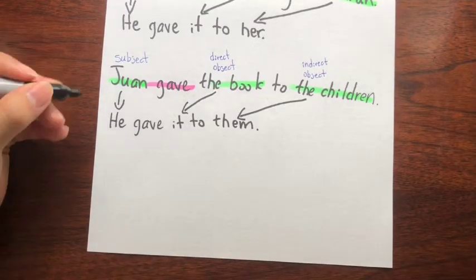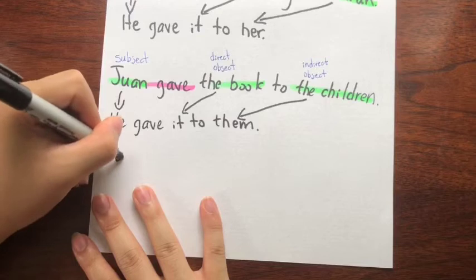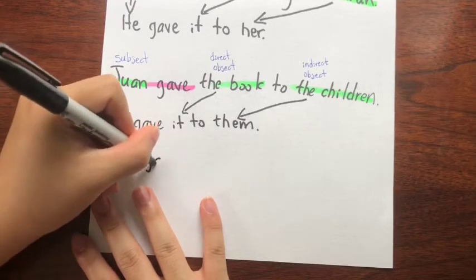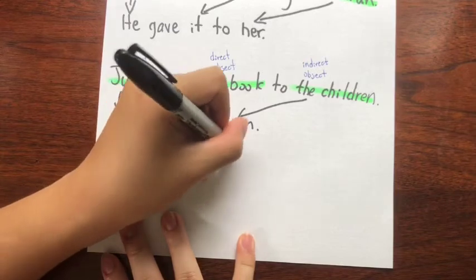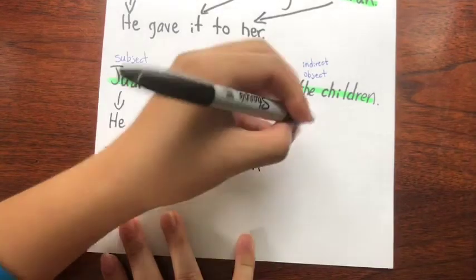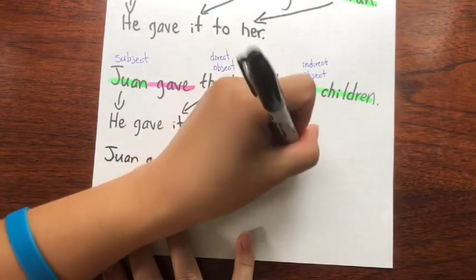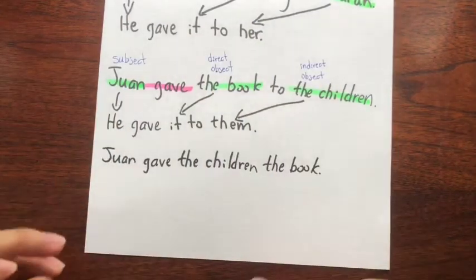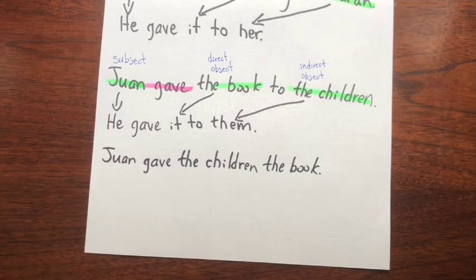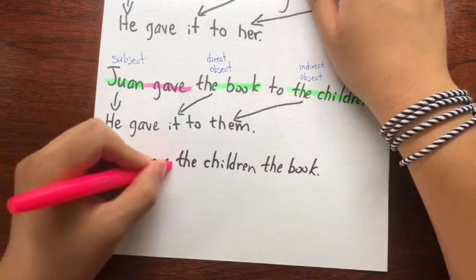Another way we can write the sentence is Juan gave the children the book. So everything is still the same.